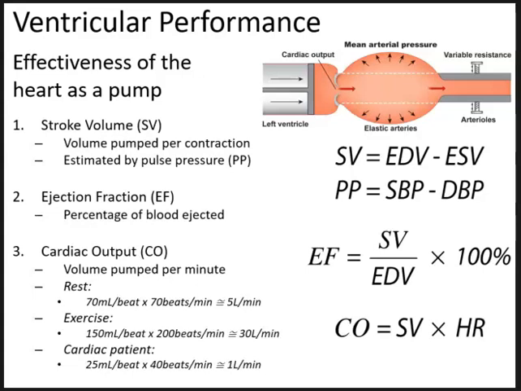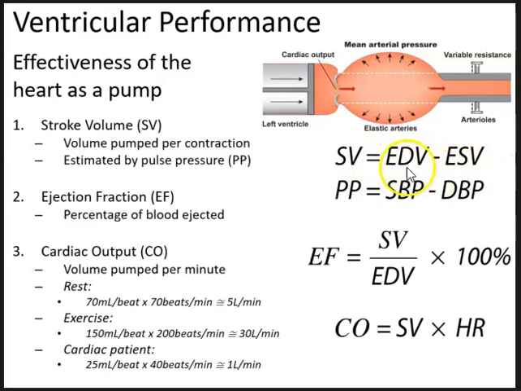So these formulas basically are a way of showing ventricular performance or the effectiveness of the heart as a pump. Stroke volume is the volume that's pumped per contraction, and it is estimated by the pulse pressure. So stroke volume, in earlier formulas we saw, equals end diastolic volume minus end systolic volume.